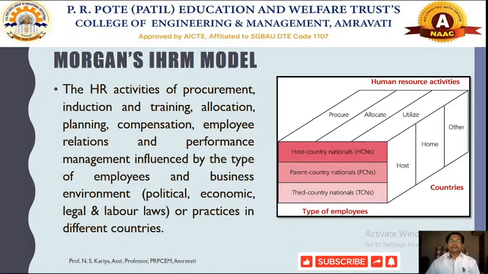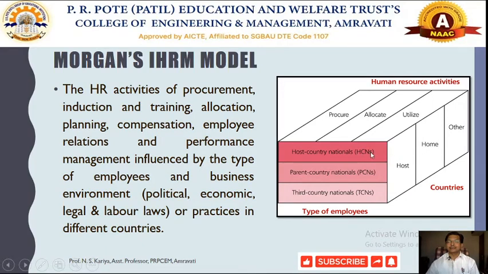Now, whenever we are talking about international HRM-related activities, primarily we use one model that deals with international HRM activity, and that model is called Morgan's IHRM model. Now this is Morgan's IHRM model. You will find three important functions located here: procurement, allocation, and utilization of human resources in various countries, the host country, the home country, and others, say the third country, where we are managing different kinds of employees.